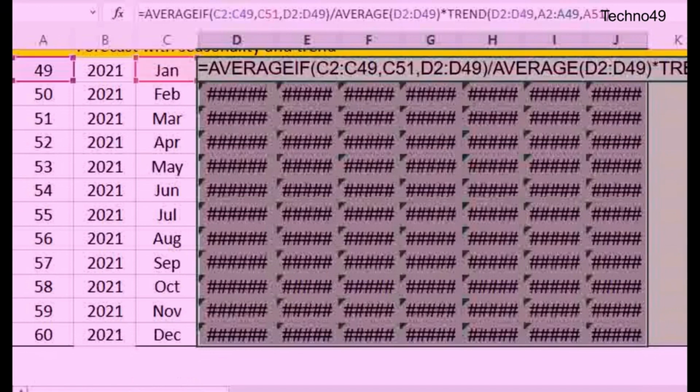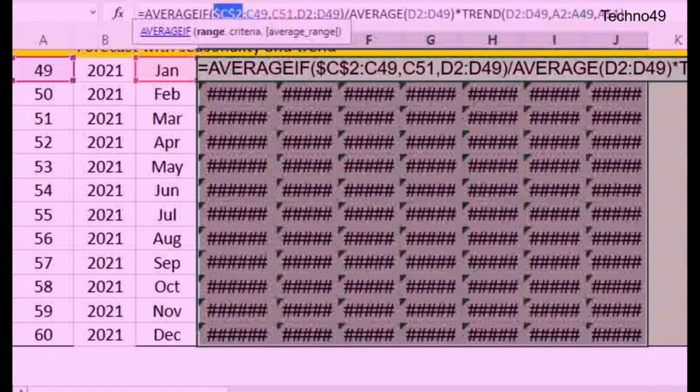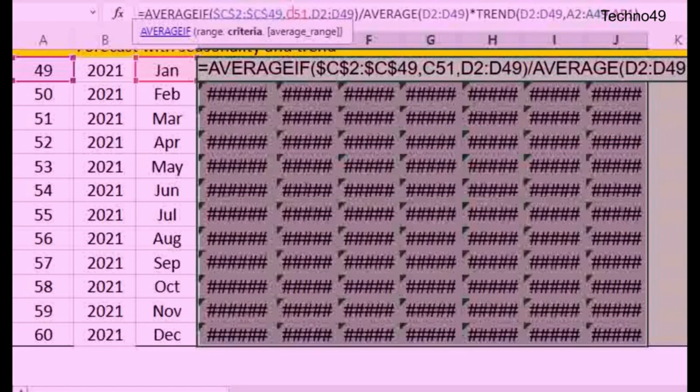So here what we are talking about is C2. Your C2 would be your month, so that needs to be fixed. Your C1 means that the column would be the same, but the row would be changing. So we need to freeze the column D to D49.